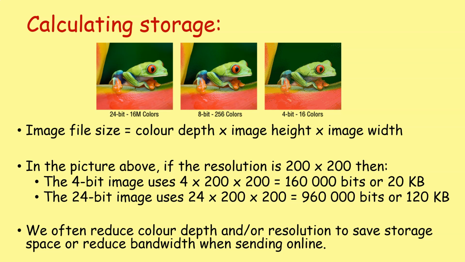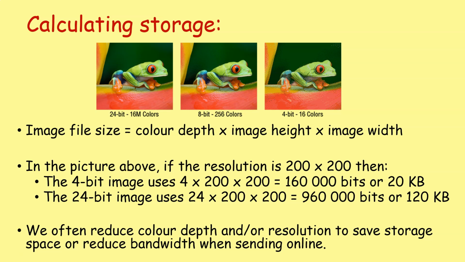Whereas the 24-bit image uses 24 times 200 times 200, which is 960,000 bits in total. And again, we can convert that through to 120 kilobytes. So you can see there's quite a bit of difference in the image size by increasing the amount of color.